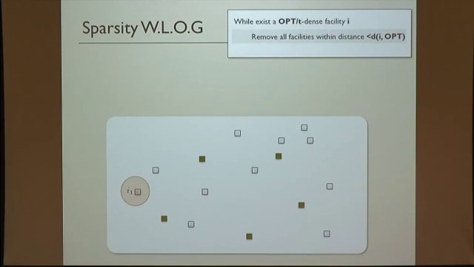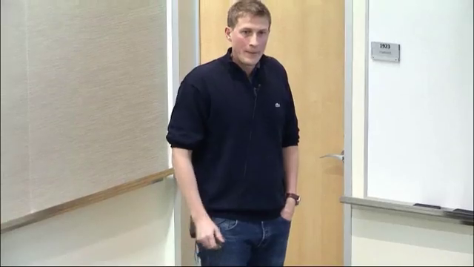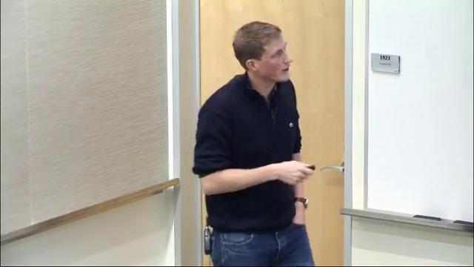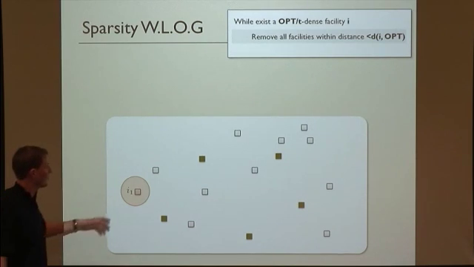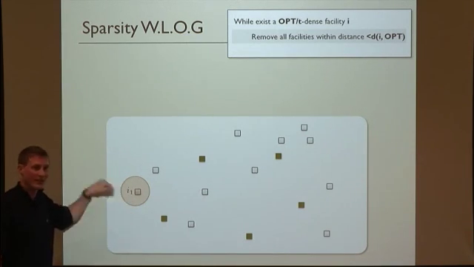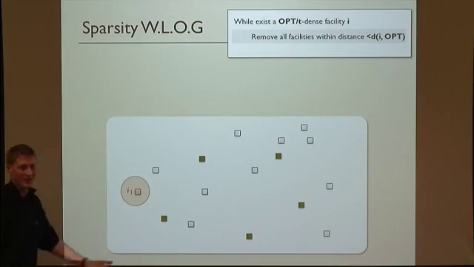Then all the LP values will be 0 for this, and I can remove them. Do you need extra variables for that? No. The only thing is I will have to reinterpret that x_ij stands not for the facility j that i is connected to, but for the closest open facility, which is what you would expect.